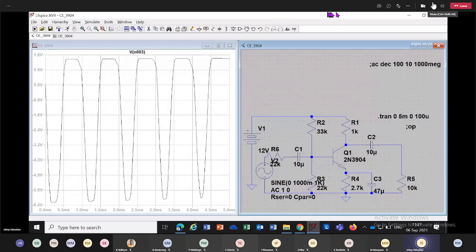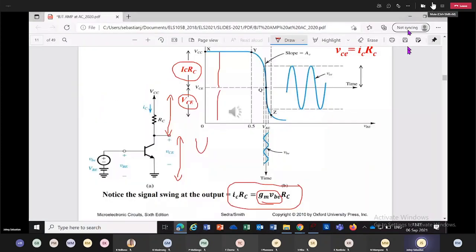Yes. The point is with respect to this diagram.